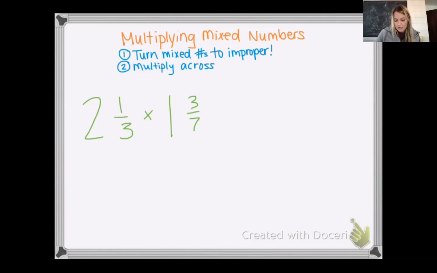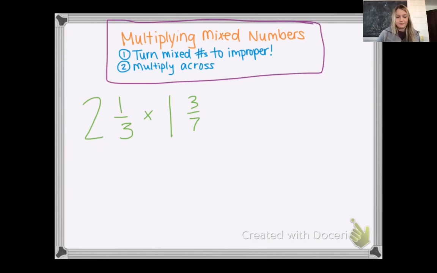In your notebook, I want you to write this: multiplying mixed numbers. Underneath it, write step 1, turn mixed numbers to improper. Step 2, multiply across.